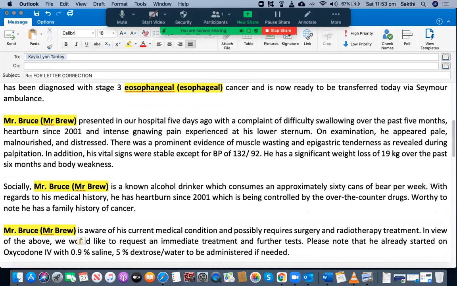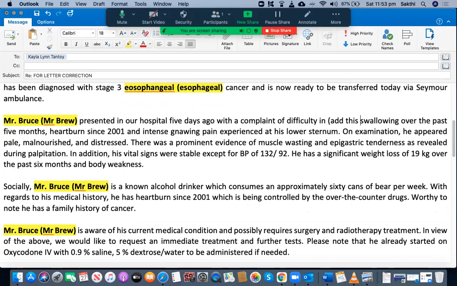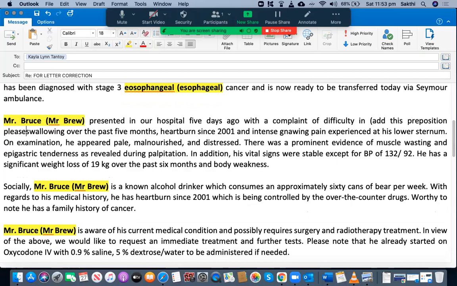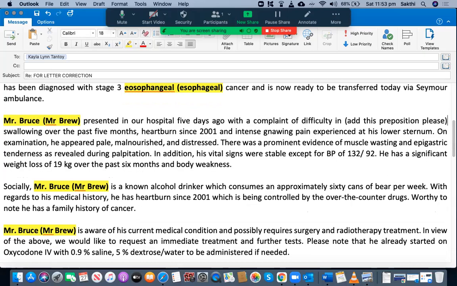Brew presented at our hospital 5 days ago with the complaint of difficulty swallowing. No, it's not difficulty swallowing, but difficulty in swallowing. Add this preposition, please. So difficulty in something.